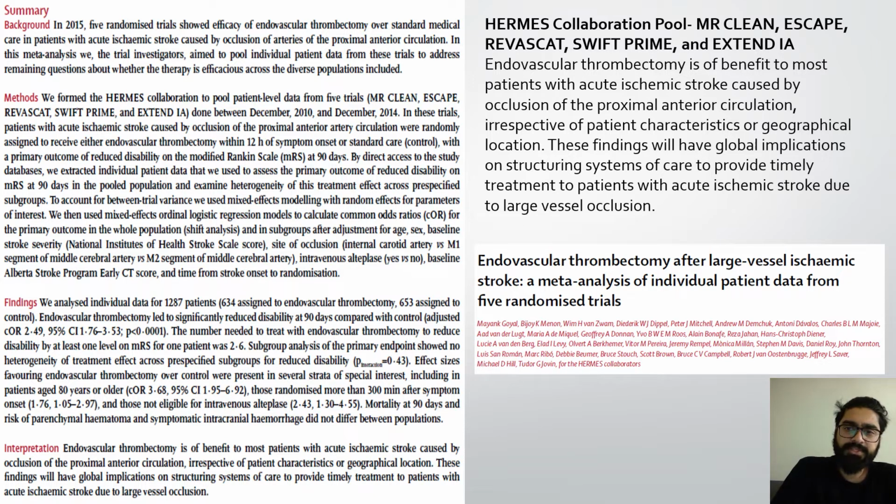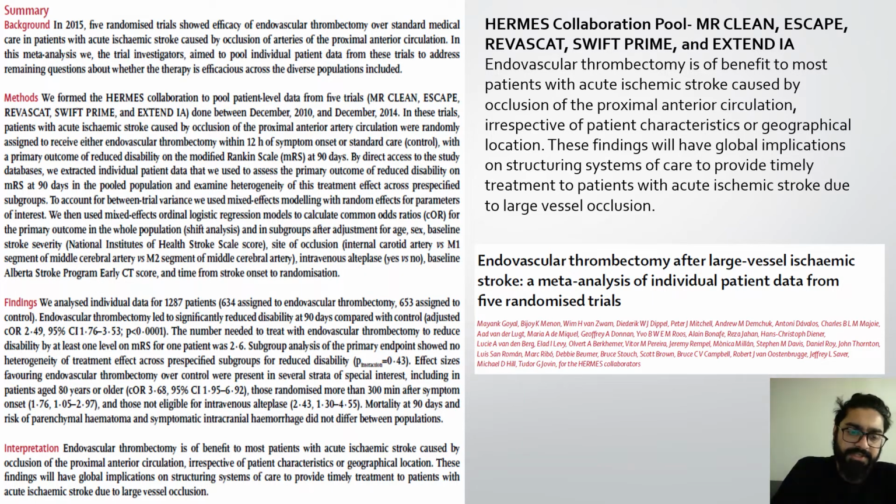So Hermes collaboration pool was very interesting in that regard, that it was kind of like going ahead and saying that you should go ahead if there's a proximal occlusion in the anterior circulation, mainly the MCA, M1 and M2 divisions which are accessible. They should go after it if the other indications are met.